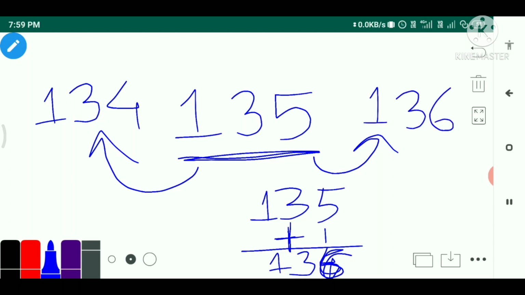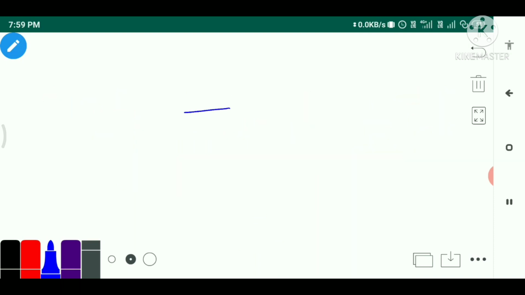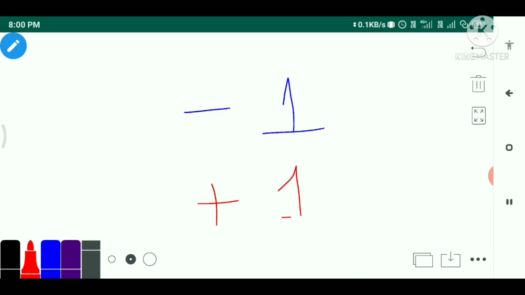With this method we can easily find the predecessor and successor of any number. For predecessor we do minus 1 with that number, and to find the successor we do plus 1 with that number. Is it clear? I hope it is clear.